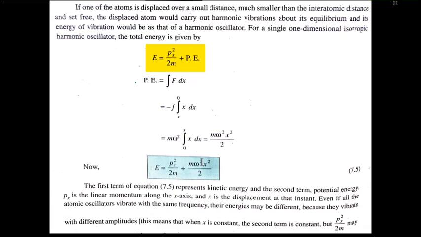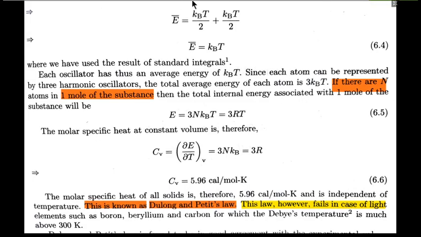With this, if we do some integration and rigorous mathematical work, the average energy, the bar is there, so the average energy associated with one atomic harmonic oscillator, the kinetic contribution is kT by 2, and the potential contribution is also kT by 2. So if we add these up, it will be kT. Now this average energy vibrates across the 3 degrees of freedom.